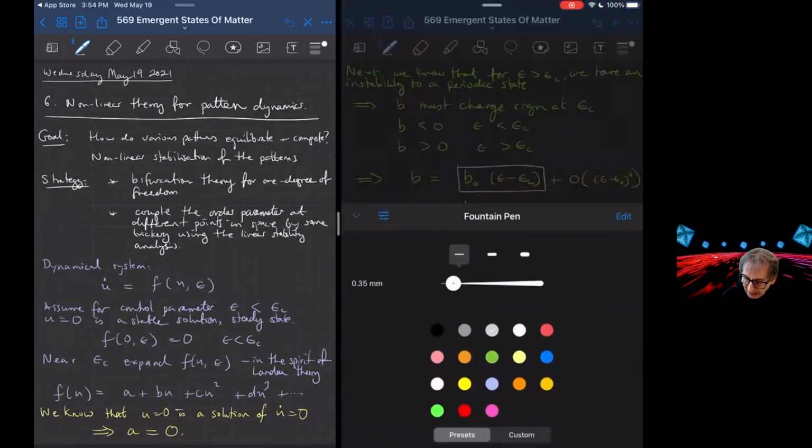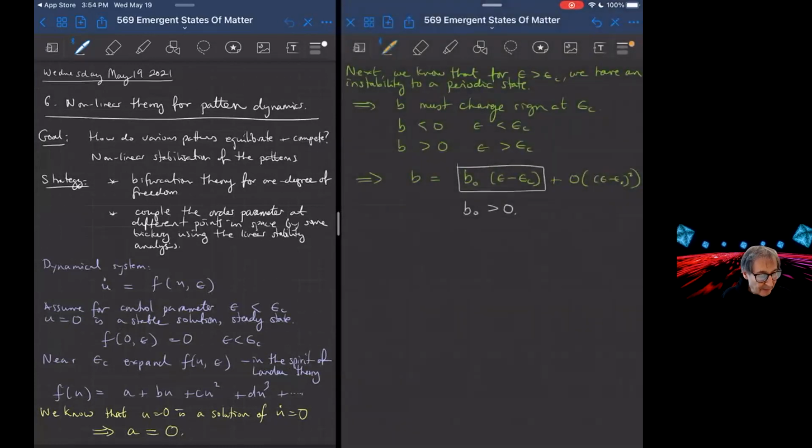So then the next simplification that we can make is that there is a symmetry in the problem. So we suppose that there's a symmetry, as there often is.